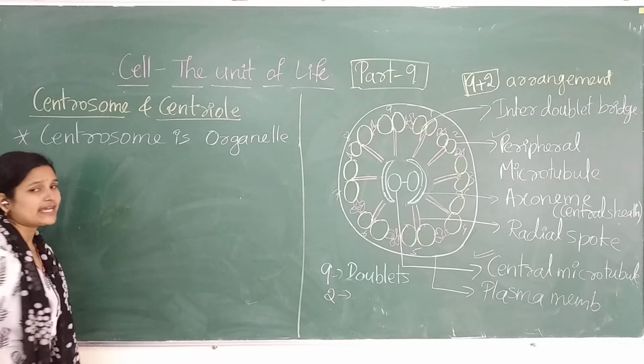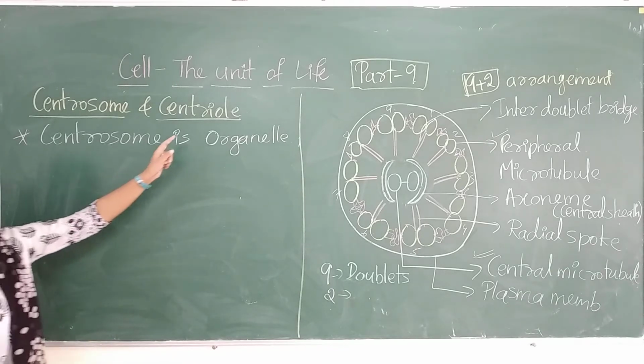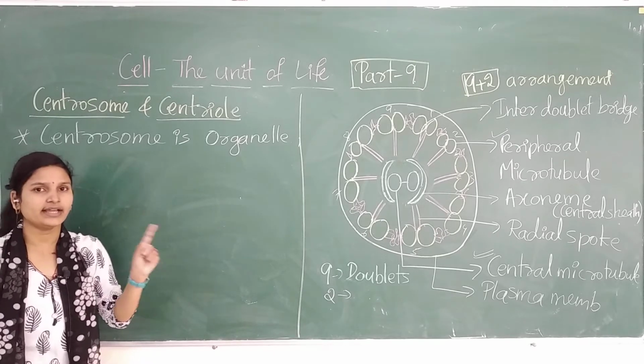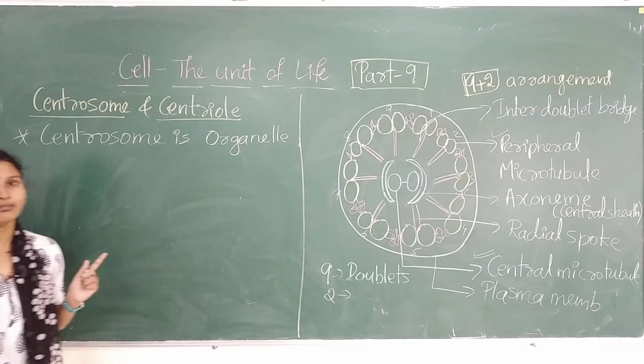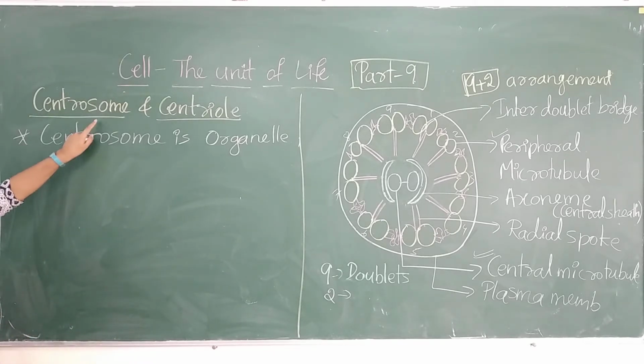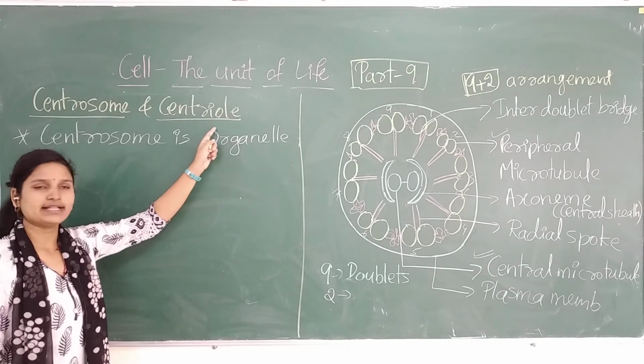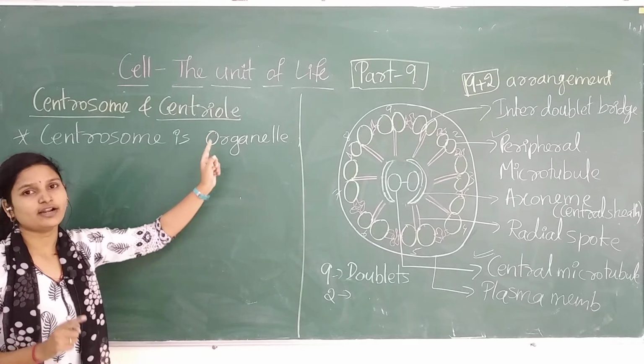But whereas centriole is not a cell organelle. Have a clear cut idea, very important point. Try to understand, centrosome is a cell organelle, whereas centriole is not a cell organelle.